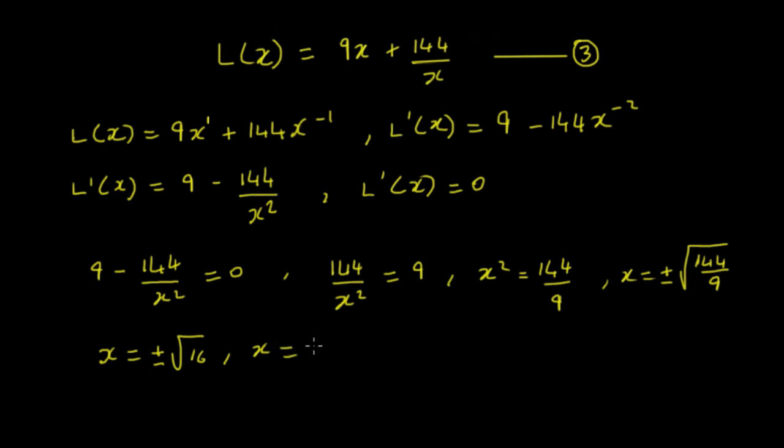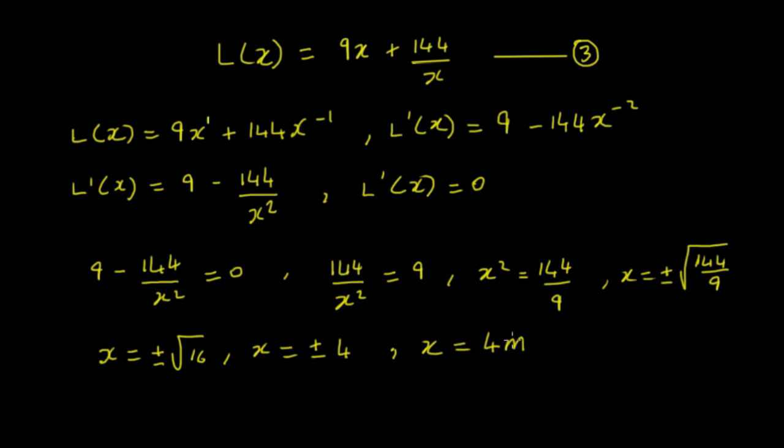So x is going to equal plus or minus 4. Now it's not going to be a value of minus 4 because we can't get minus 4 meters of fencing. The length is only defined as a positive value. So the answer to this must be x must equal 4. So the value of 4 meters for x. That means we get the value for x, which is 4 meters, and that's really all the information we were looking for.